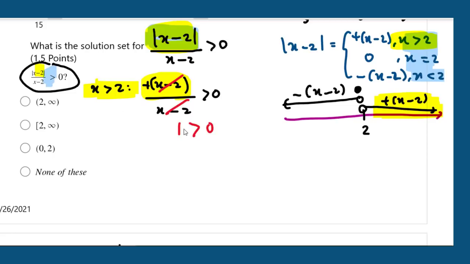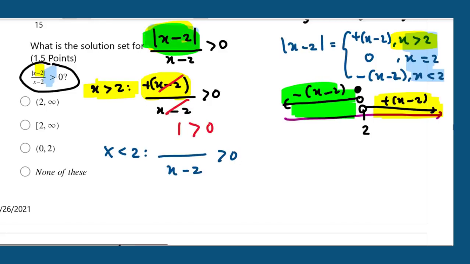For the second case, when x is less than 2, x minus 2 changes to negative x minus 2. Then this one can also be cancelled and we get negative 1 more than 0.